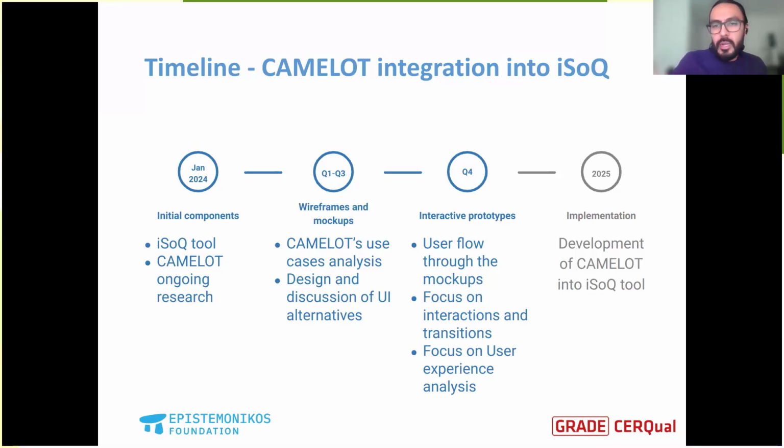And by the end of the year, like from now on, probably, we are working mostly on making all these mockups interactive. The end product won't be the developed tool in iSoQ, but a set of mockups that you can browse through, and you can go with the user as they use the platform. You can check the interactions, etc. All of this is just to have a very clear conceptualization of CAMELOT in iSoQ before starting the actual development.